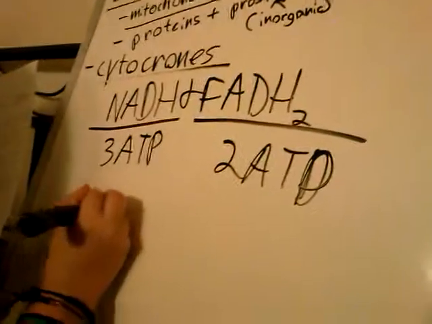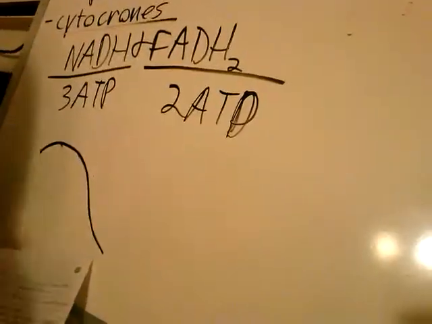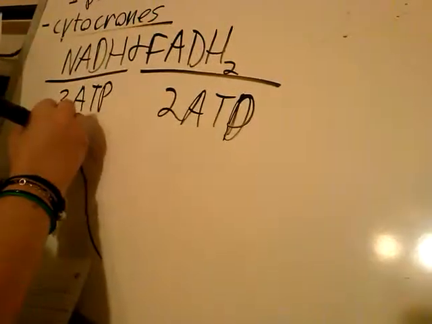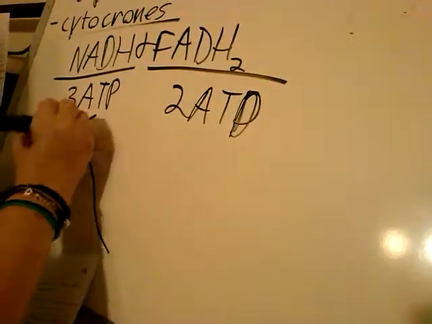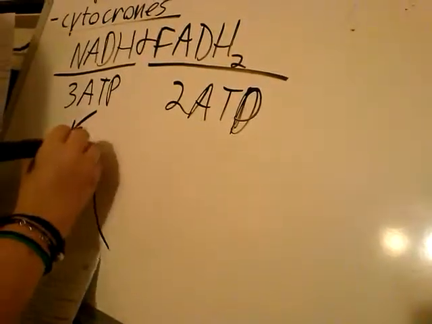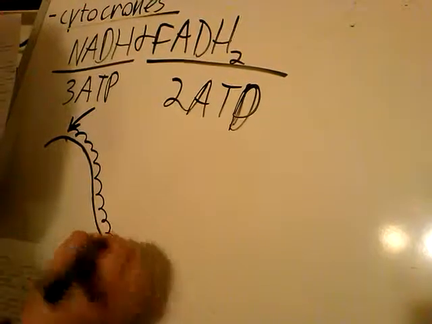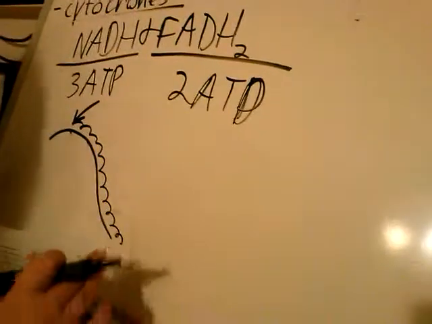Think of it more like this. Let's say this little hill is our electron transport chain. NADH is going to go in up here, and when it rolls down the hill, it builds up a lot of energy.